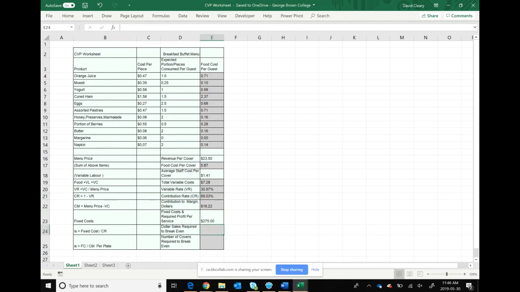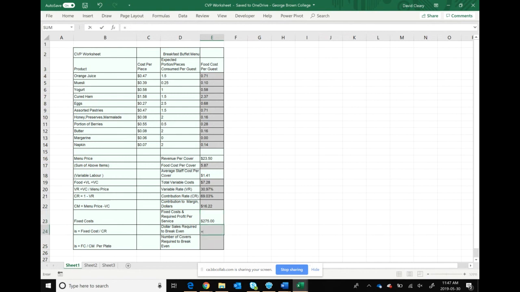So now we're getting near the end of this particular worksheet. We're trying to calculate the dollar sales required to break even, so our break even point in sales. That's calculated by taking your fixed cost, dividing by your contribution rate. We're given our fixed cost here and even some required profit.